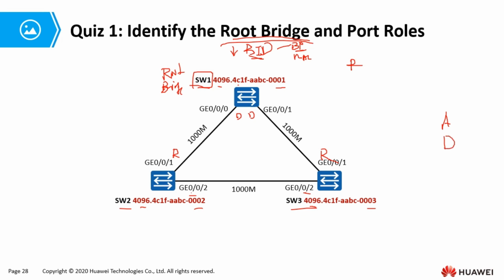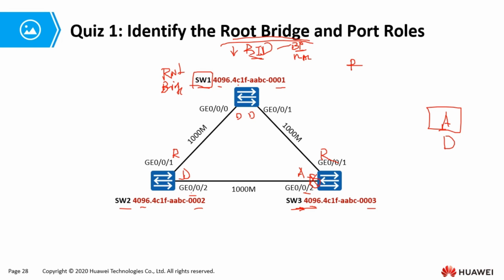We are going to look for the alternate port with a larger bridge ID. So which one has a larger bridge ID, 002 and 002? 3 and 2. So switch 3 is a larger value. That means this port will become an alternate block port, alternate port, and here will become a designated port.